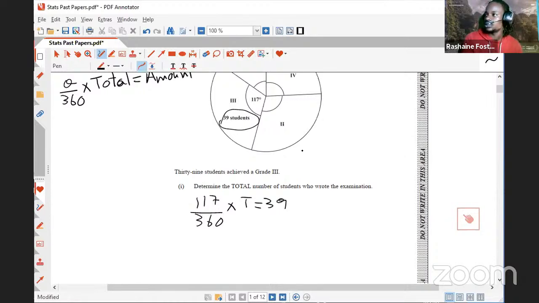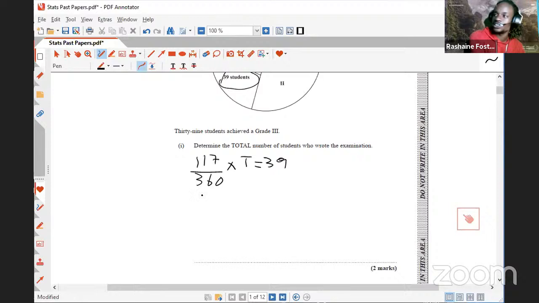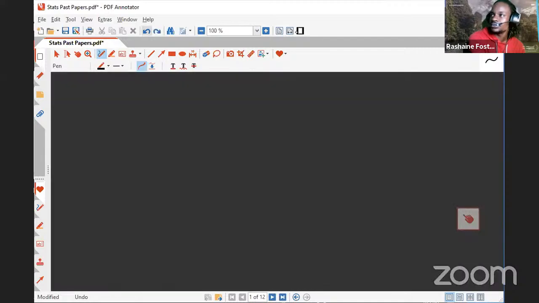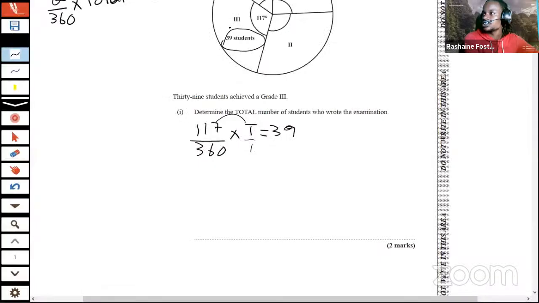All we have to do now is try our best to solve the resulting equation. Let's multiply the numerators together. That's 117 times T, that's 117T, over 360, and that's equal to 39.